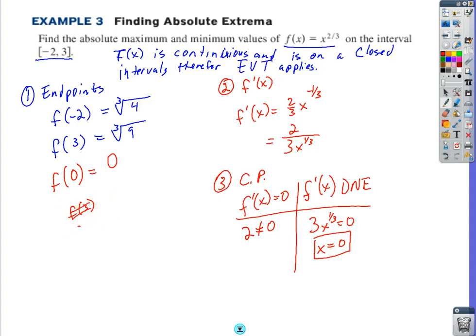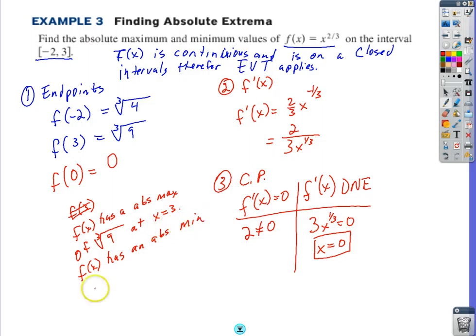So I'm able to say my function f of x has an absolute max of cube root of 9 at x equals 3, and my function f of x has an absolute minimum of 0 at x equals 0. Okay. All right. Next.